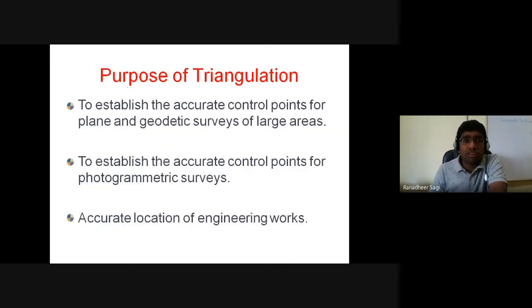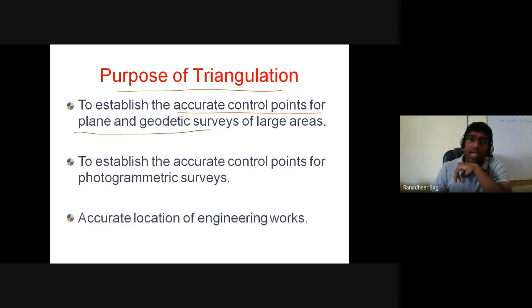So what is the purpose of triangulation? The purpose of triangulation is to accurately prepare what is called a control network for both planar and geodetic surveys, whether for small areas or relatively large areas, and also to establish accurate control points for photogrammetric surveys.